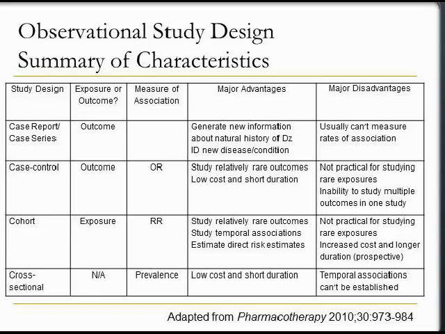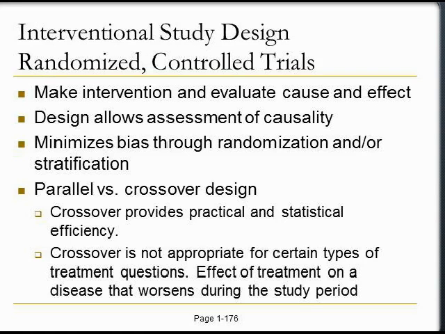There's also 2 other papers, not in the same journal, but there's a sequence of 3 papers in pharmacotherapy in this time frame that are very good reviews of statistics. Not only observational study designs, but also some basic reviews of statistics that I would encourage you to look at if you need to or want to. Want is a strong word.